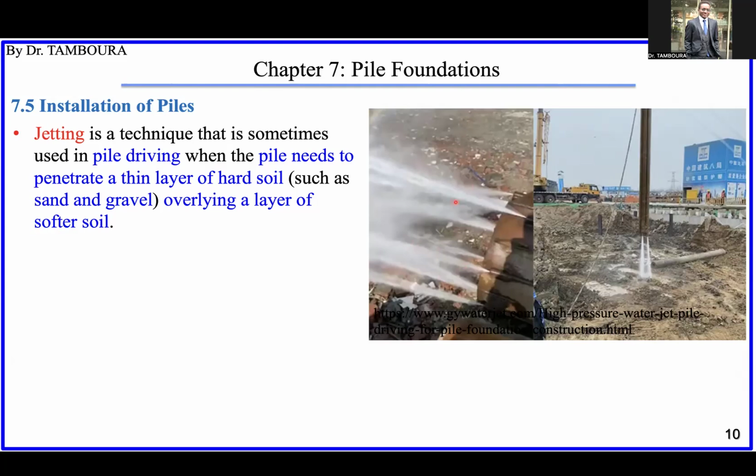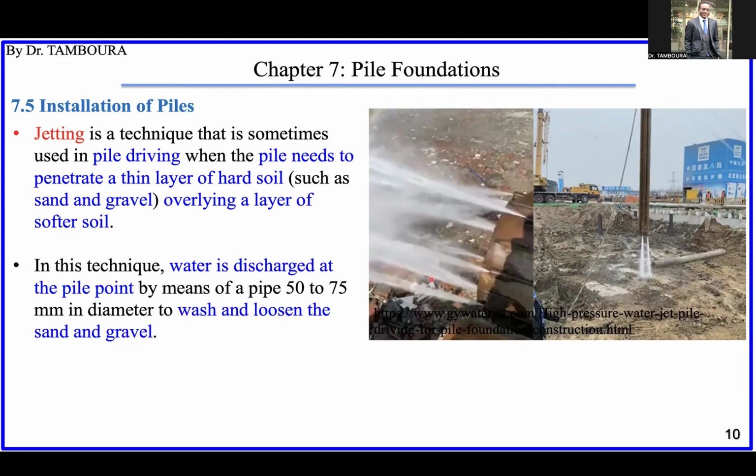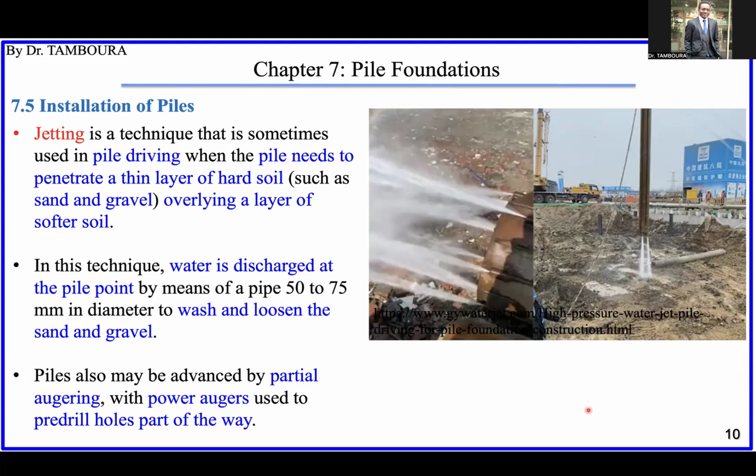This high pressure water will be used to break the soil and make it loose, so that the penetration of the pile can be easy. The pipes are around 50 to 75 millimeter, small diameter pipes, and you send the water pressure to break the ground, make it soft.